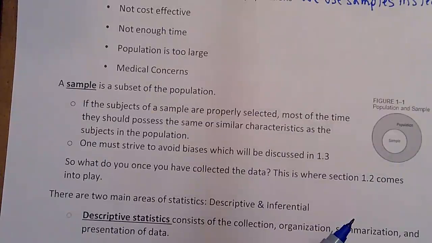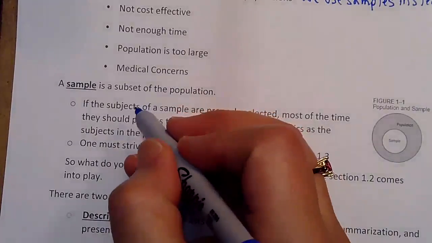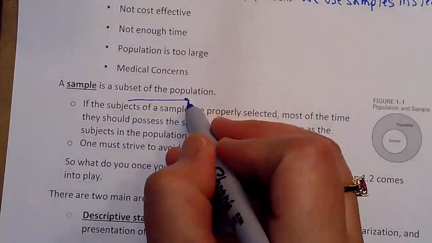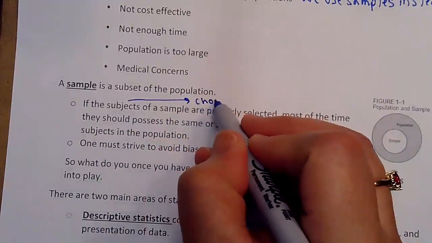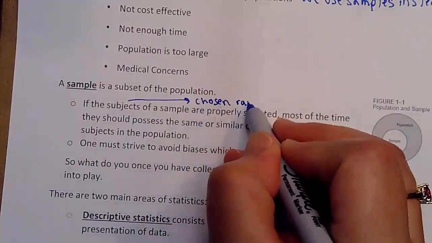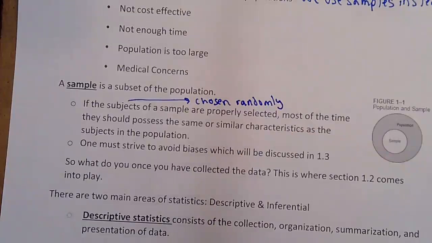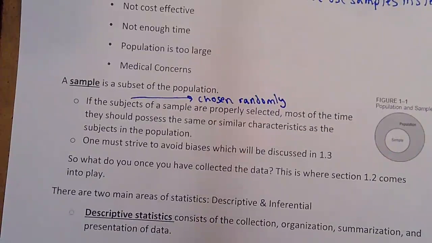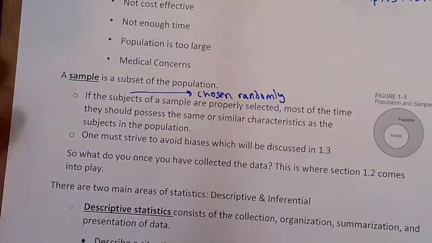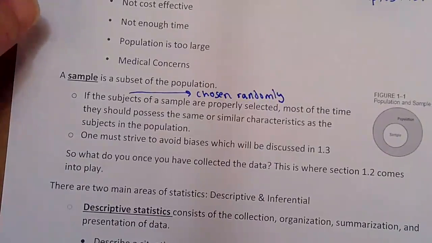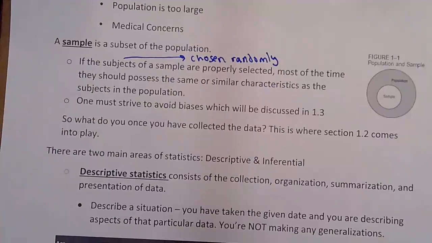And that's why your subjects should be chosen also randomly. That's very important. One must strive to avoid biases, which will be discussed in 1.3. But that's the importance of choosing subjects randomly.